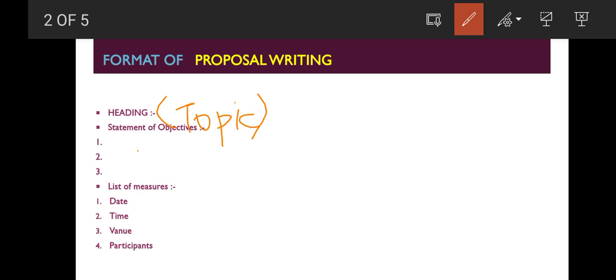You have to write a heading, a convenient word through which a reader can understand that the rest of the things will be upon this topic. So I hope the heading is clear to you.